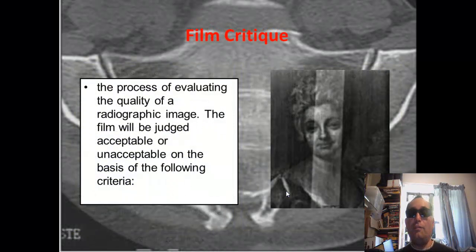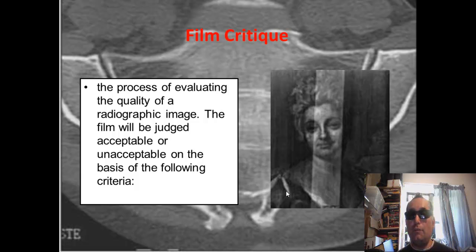When it comes to film critique, the process of evaluating the quality of a radiographic image, a film will be taken. When it comes out of a processor, or if it shows up on a screen, in any manner, the image will be judged either acceptable or unacceptable, and that determination will be based on the criteria that we will be discussing.